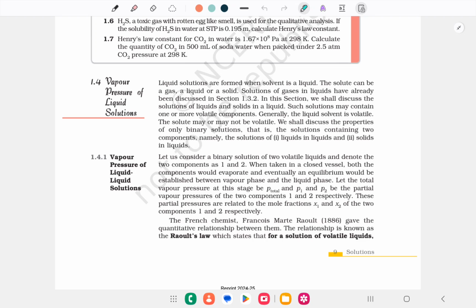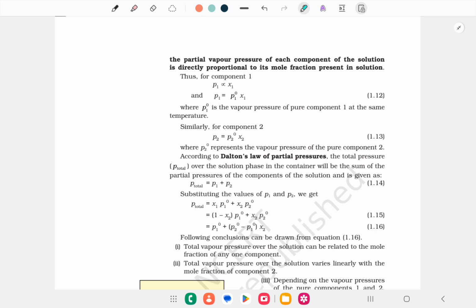In this part we have started with the vapor pressure of liquid solutions, and we've also dealt with liquid in liquid and solid in liquid, and we've already seen the binary solutions of two volatile liquids, that is component 1 and 2, and we have found out their Raoult's law, which is given by the French chemist Francois Marie Raoult.